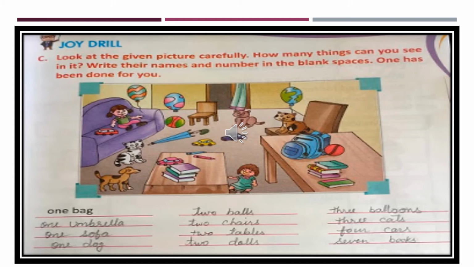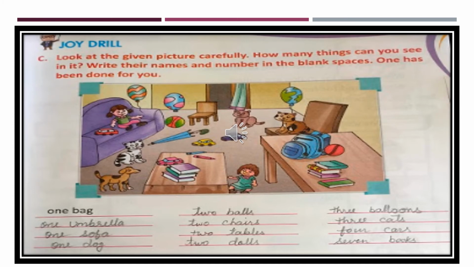So in this picture we will look for the blank spaces, and in those blank spaces we will write the names of the pictures and their numbers also. For example, one has already been done, like one bag. Here with the singular we will write 1 and with the plural we will write 2 and s or es, whatever is required.